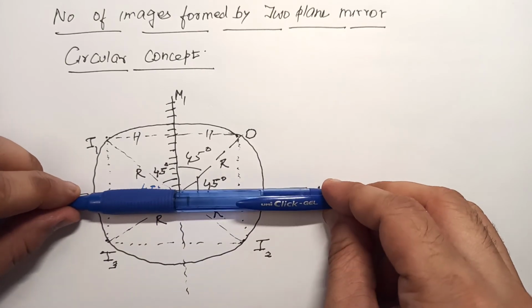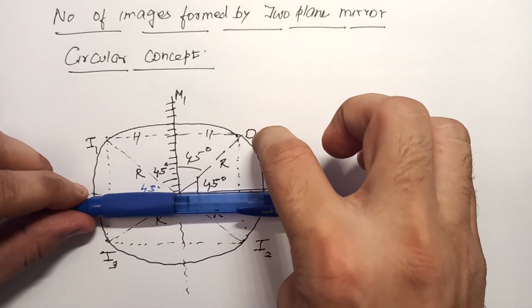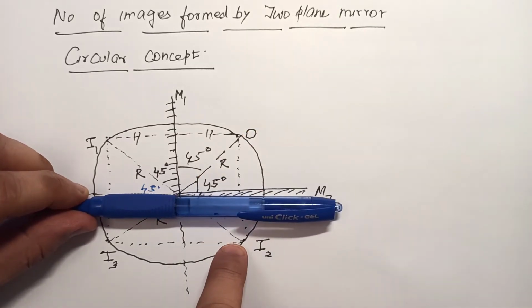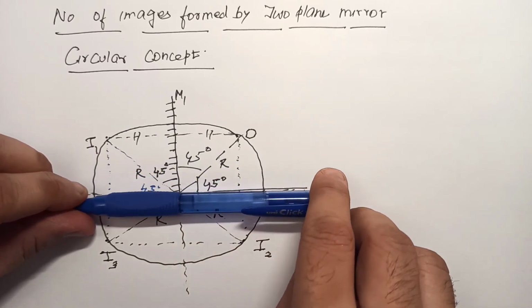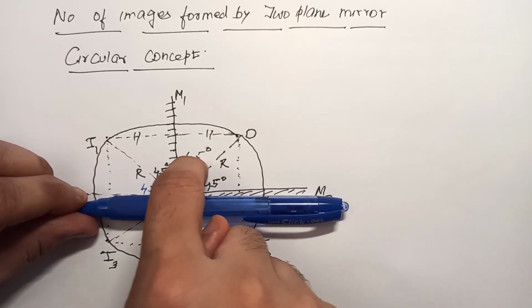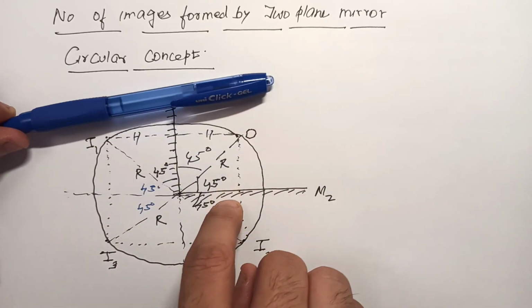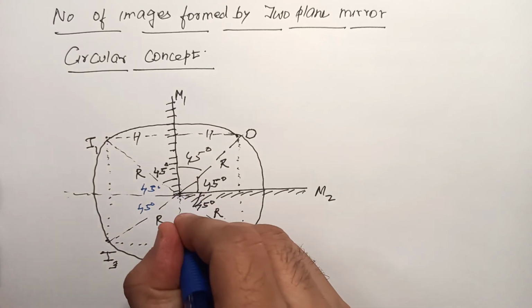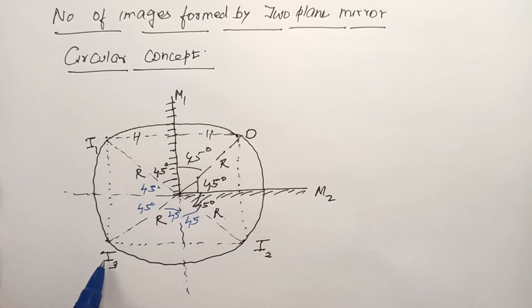Now look at this mirror. One we have already drawn. If it is at 45 degree, in the downward side 45, which we have already drawn. Now if we look at this image, this is 45, 45, 45, which is 135. So the image would be at 135, and it will actually coincide at I3 only. You understand?